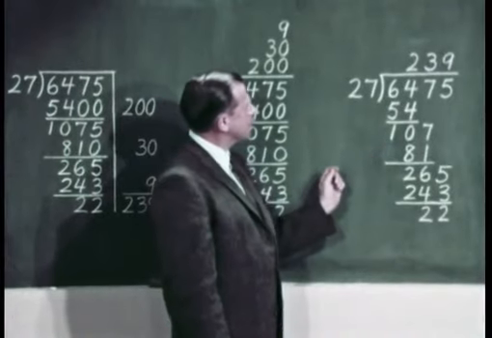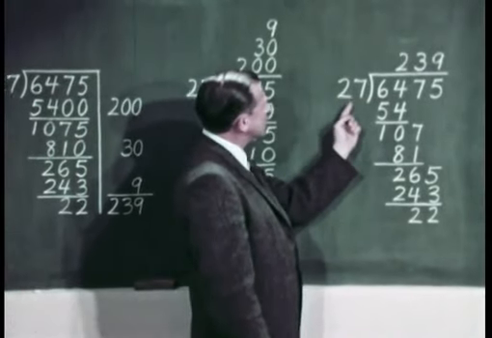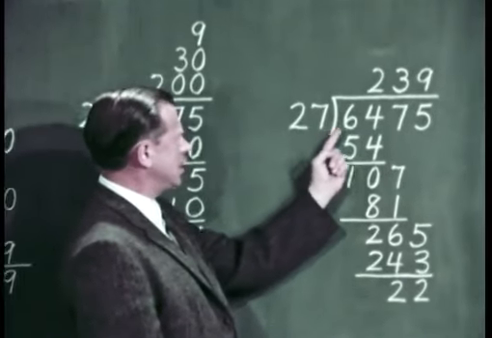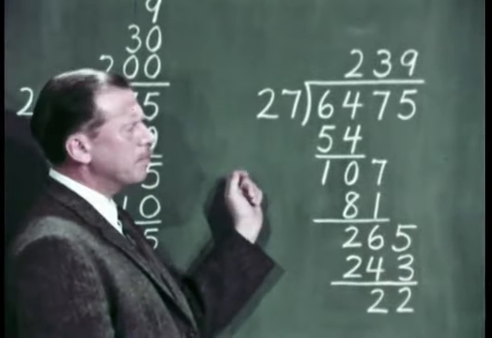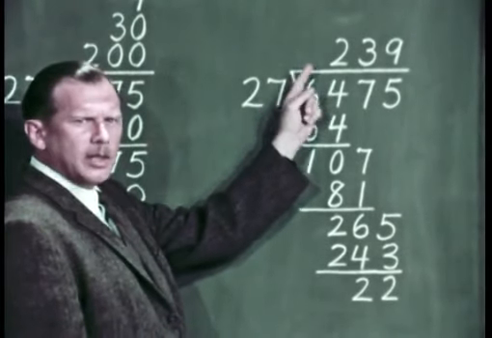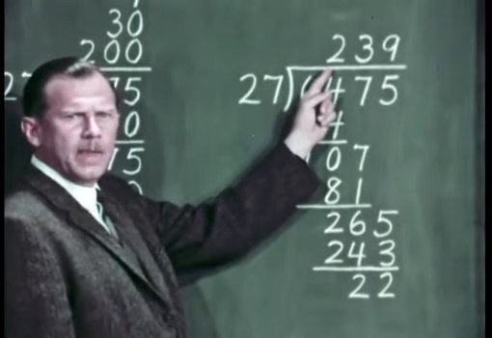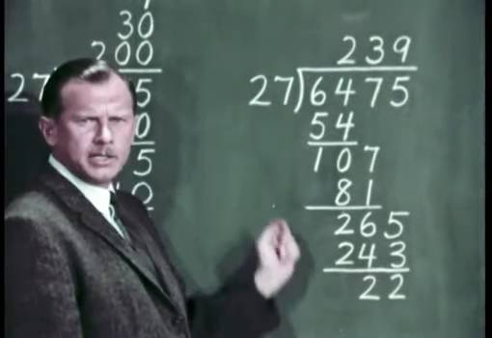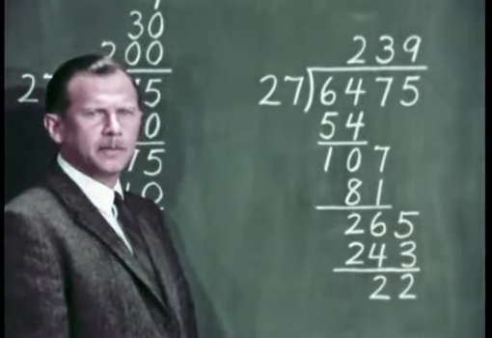The child may have been taught to think, how many 27s in 64? About as many as there are 2s in 6. But 3 is too much, so I'll try 2. The fact that this partial quotient must be neither too large nor too small causes some extra difficulty for many children.